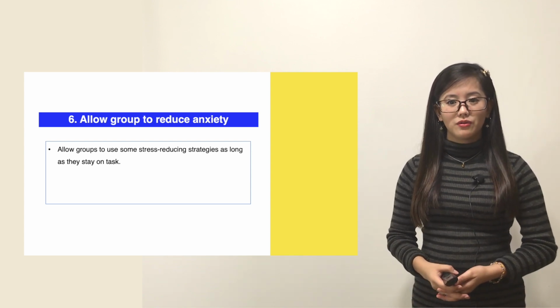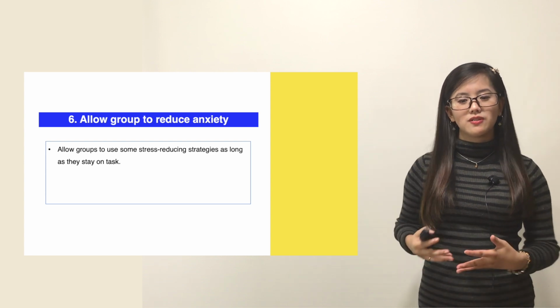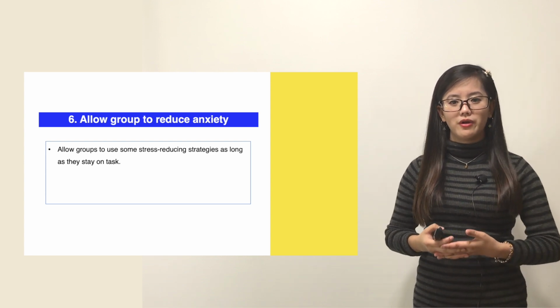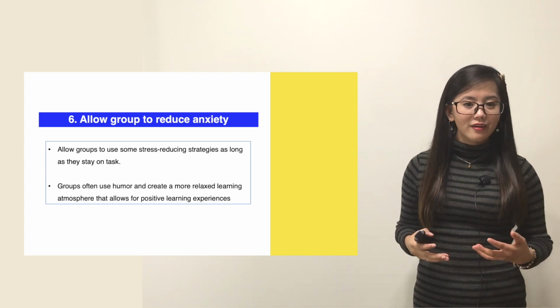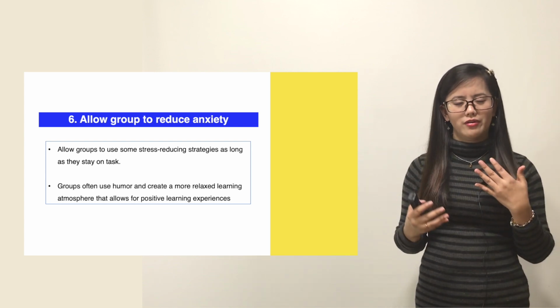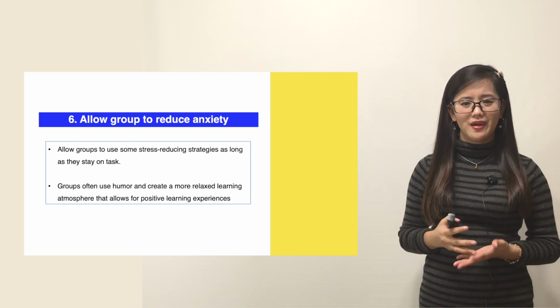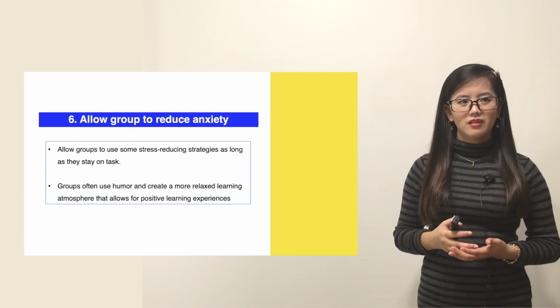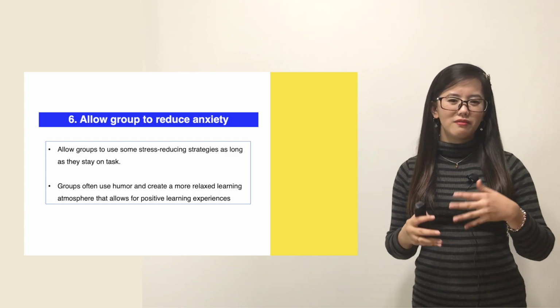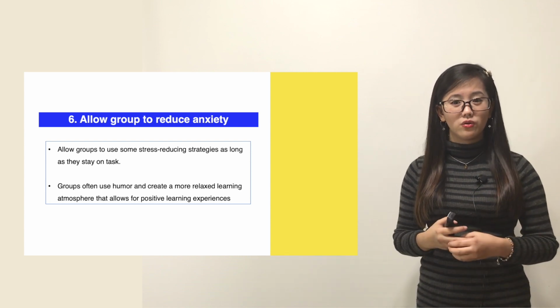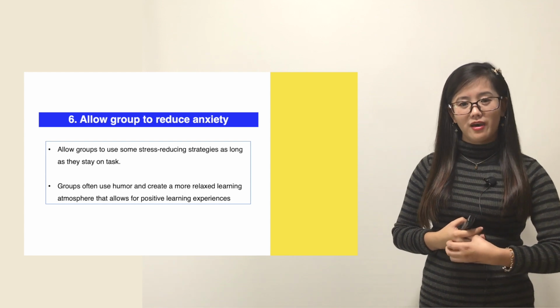What kind of stress-reducing strategies? For example, perhaps adding humor when you are discussing. You cannot really joke around all the time, but that's part of it. If you have the kind of student who really likes to joke around, you can also have that.